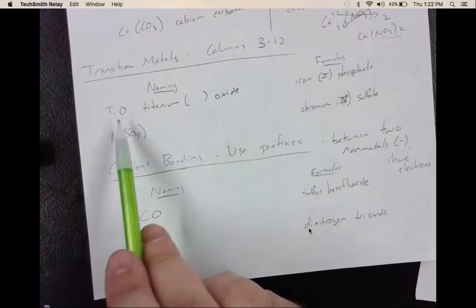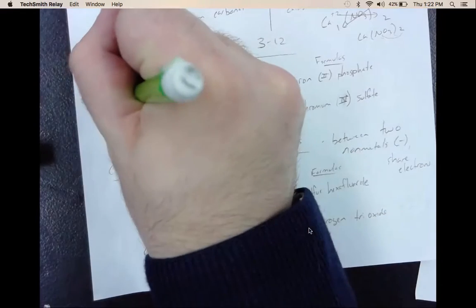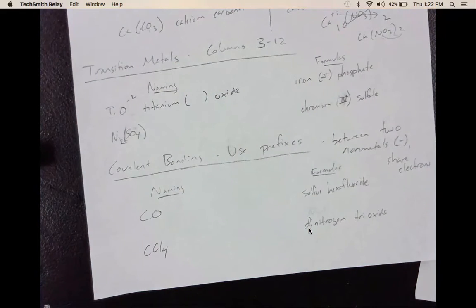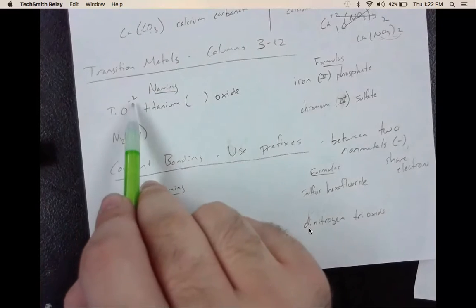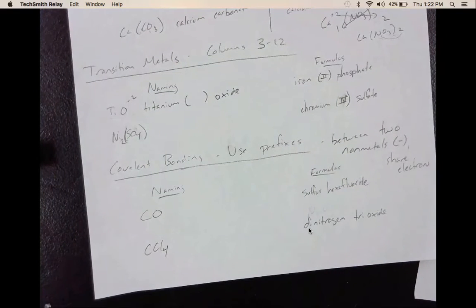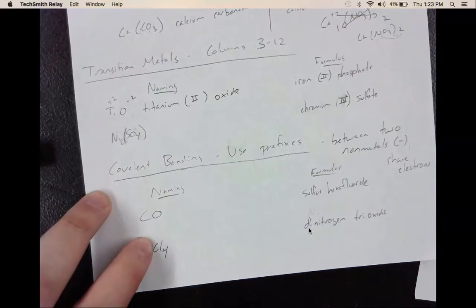So we know that the charge of oxygen is -2. It's -2 because it's in column 16. Everything in column 16 has a -2 charge. So then if oxygen is a -2, remember all ionic compounds want to be neutral. What is the opposite of -2? How would we make this neutral? The opposite of -2 is +2. So then titanium (II) oxide.